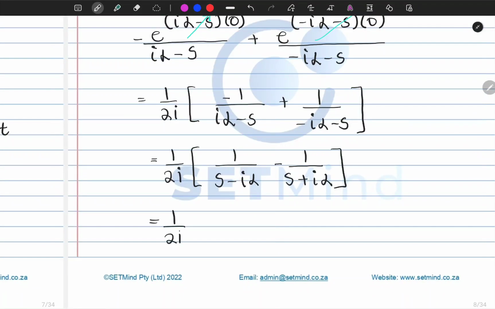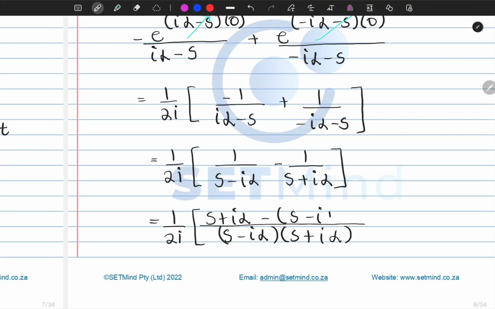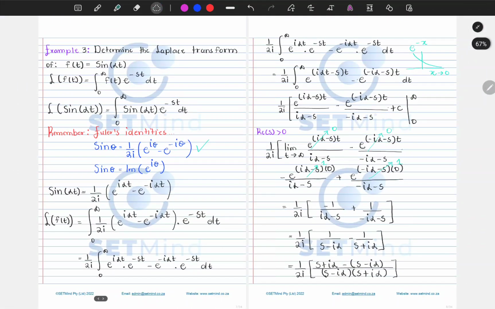So 1 over 2i, we'll have s minus i alpha multiplied by s plus i alpha. And we're doing a common denominator, so this will be s plus i alpha minus s minus i alpha, like that. Close the brackets.